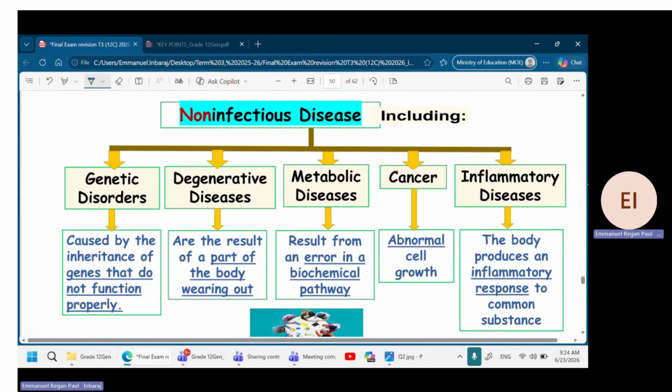They are not caused by pathogens. There are 5. Number 1, genetic disorders. Number 2, degenerative diseases. 3, metabolic diseases. 4, cancer. And 5, inflammatory diseases. So these are the 5 types of non-infectious diseases.